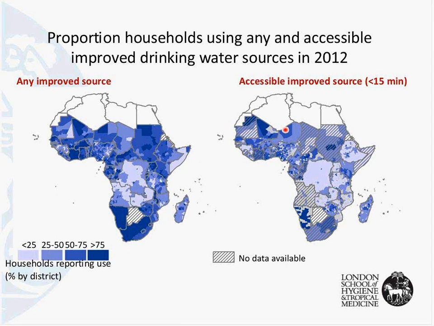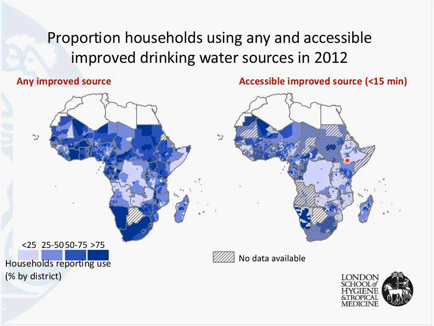But we also chose to compare this to the number of households that were using an accessible improved source. This isn't actually collected by the JMP, but it's collected in the survey data that's used to inform the JMP. And this only includes households that are using an improved water source which is either less than 1 kilometre away or within 15 minutes. This has been chosen as a standard definition of an accessible water source.